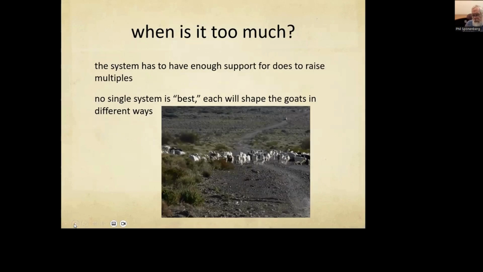Now, one important question is, when is it too much? The system has to have enough support for the doe to raise multiples. This photograph is from Patagonia in Argentina. These animals have to survive in a desert-like environment, and periodically it's covered by ash from the volcanoes.